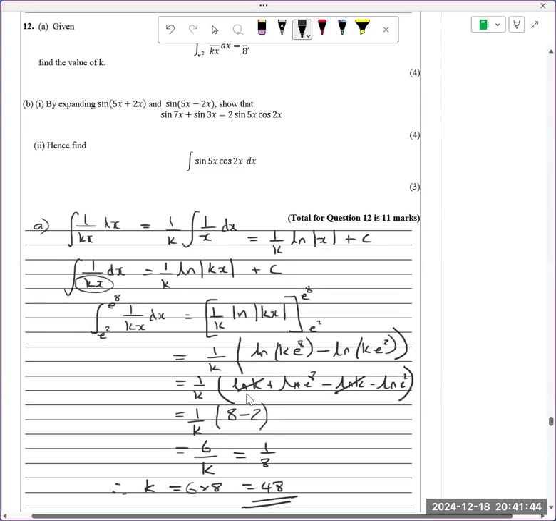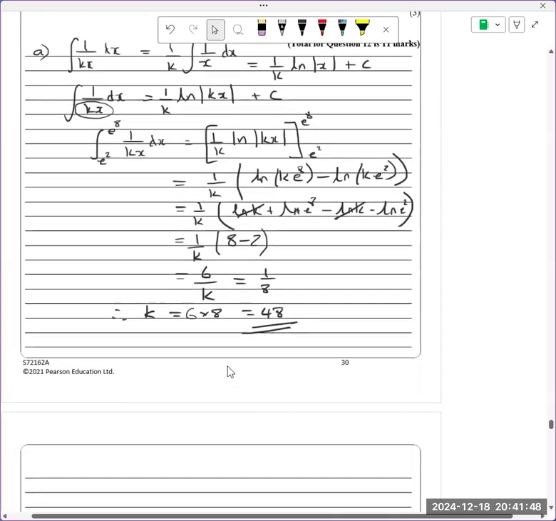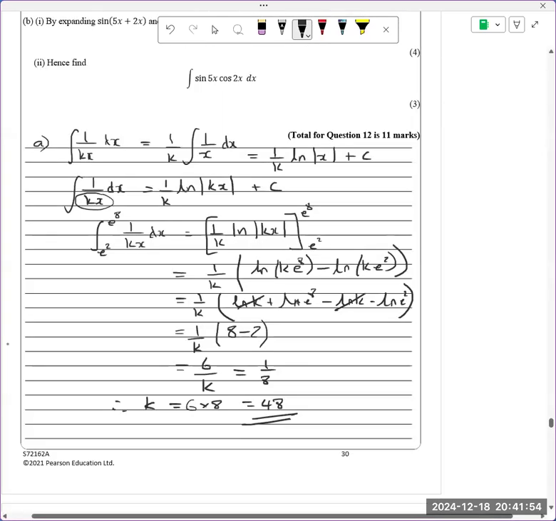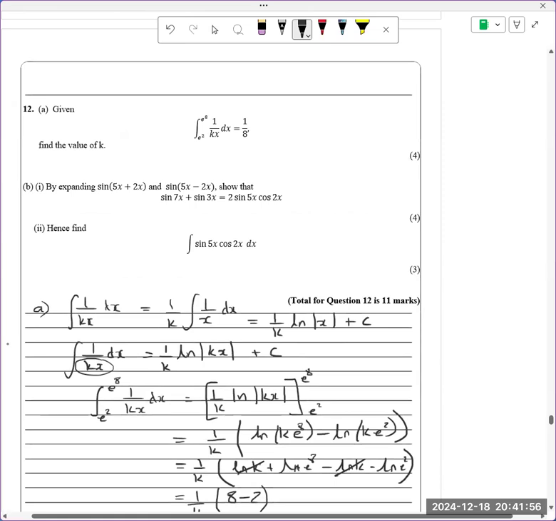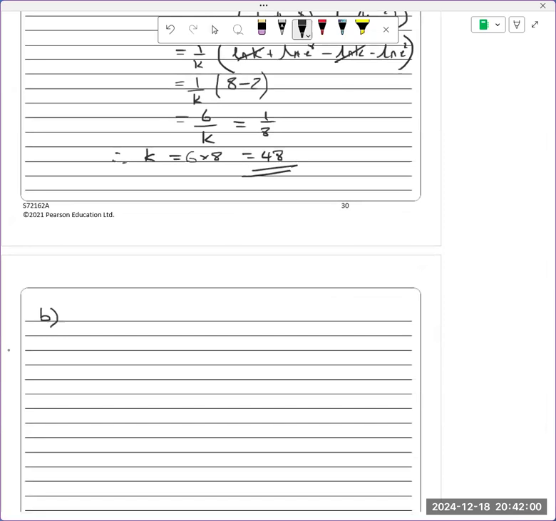Always check the question. Right, question B is also taken out of exercise 11C. So we are being asked to expand sine of 5x plus 2x and 5x minus 2x. So sine 5x plus 2x is sine 5x cos 2x plus cos 5x sine 2x.